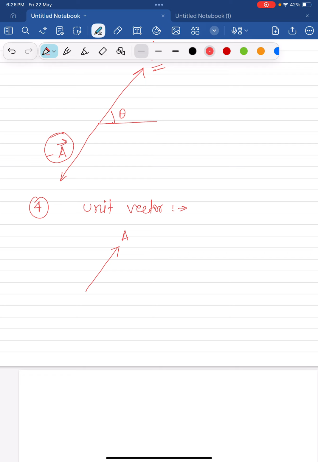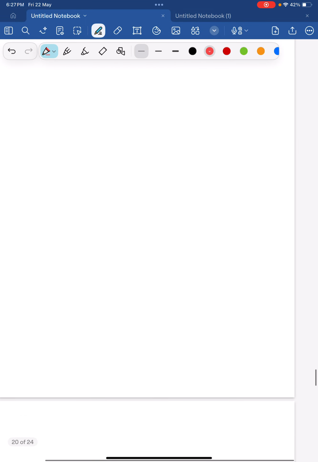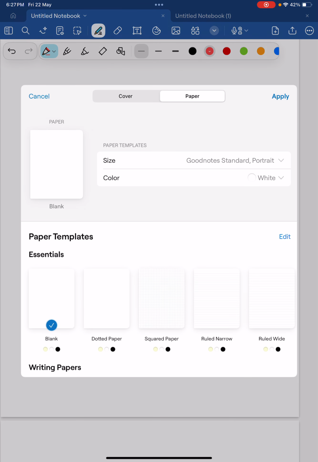Suppose there is a vector A. Now we have to find the unit vector of vector A. The direction of the unit vector will be the same as the direction of the given vector, but the magnitude of the unit vector should be 1.